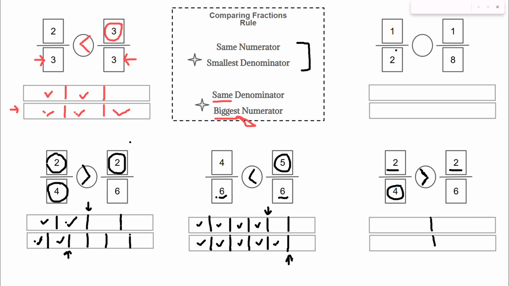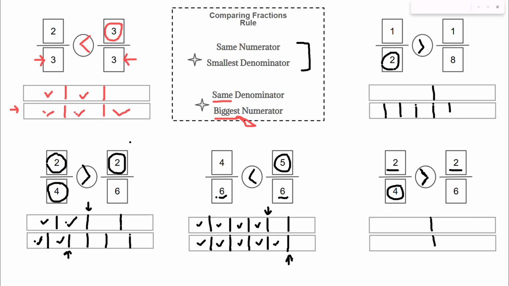Then we have 1/2 and 1/8. We have similar numerators, and the rule is same numerator, we pick the smallest denominator. Same numerator, smallest denominator. Again, that's a 1/8, and that's a 1/2, and these are 8ths. 1, 2, 1, 2, 3, and 4.